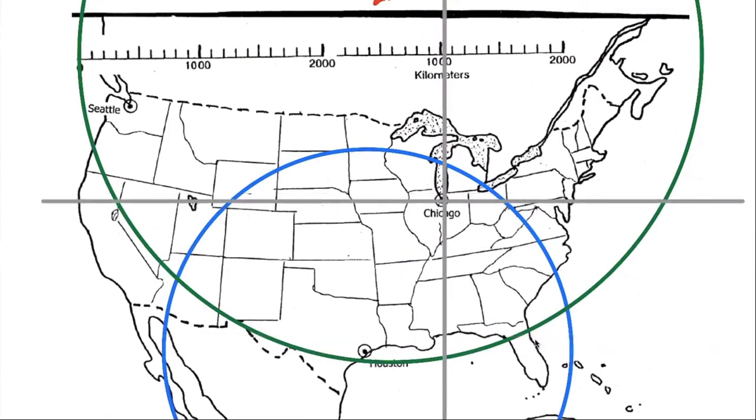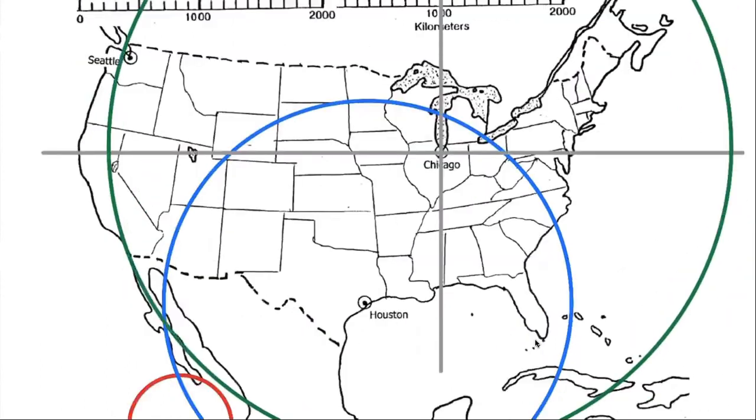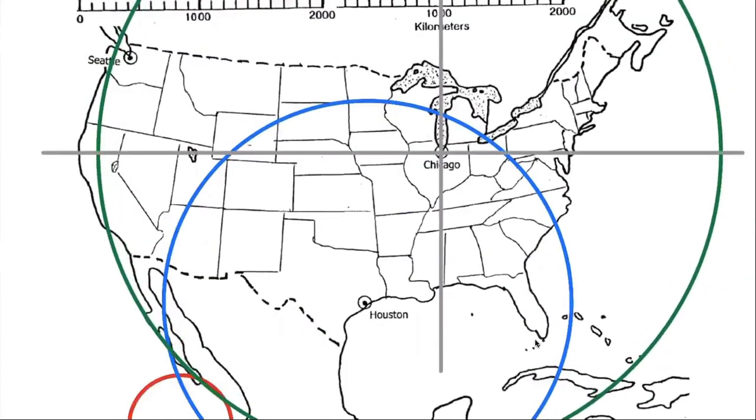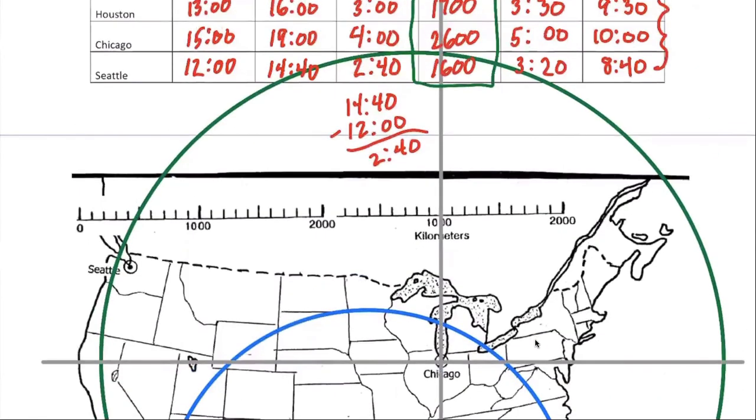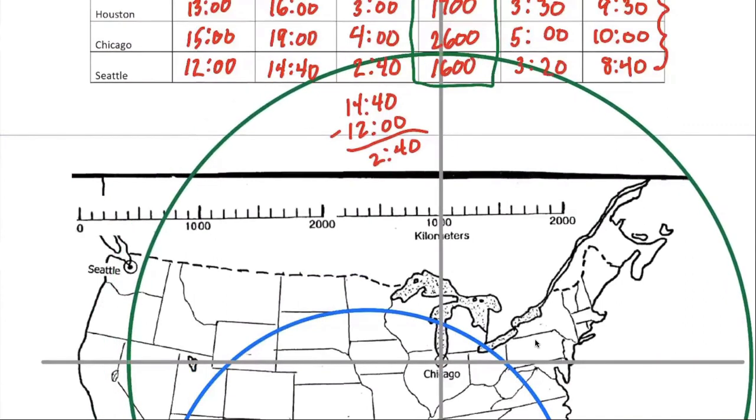Now I'm going to move this circle so that it is centered over Chicago. This is very clumsy because this circle is gigantic. Okay, if all is correct here, it looks like I just about nailed that. So Chicago is now set.